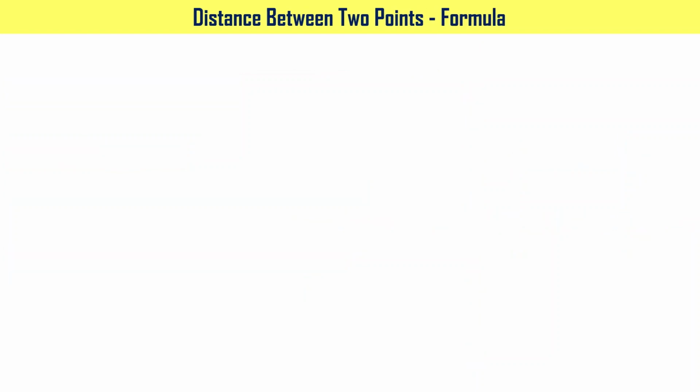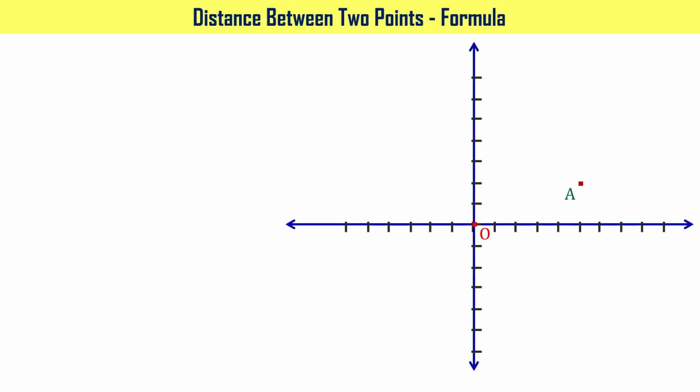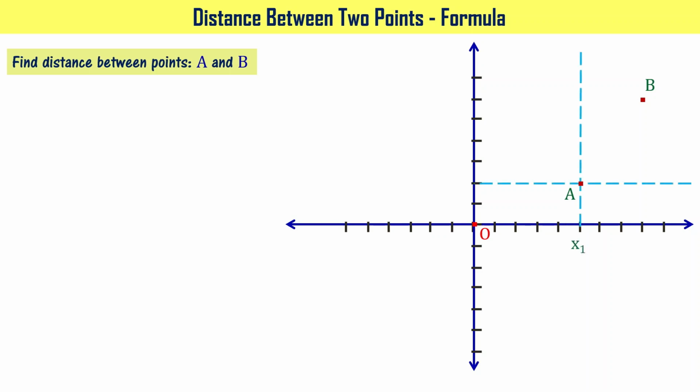Now let's derive a formula for finding the distance between 2 points irrespective of whether they are on the x-axis, the y-axis, or parallel to the x-axis or y-axis, or any other configuration for that matter. Let us now consider 2 points A and B as shown here and find the distance between them.